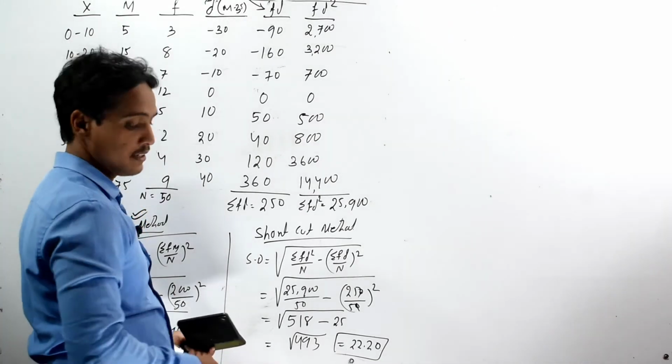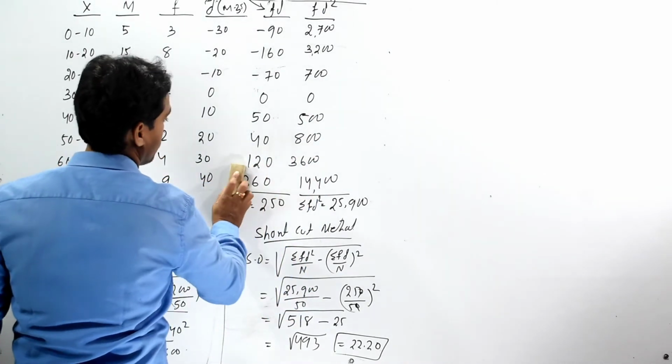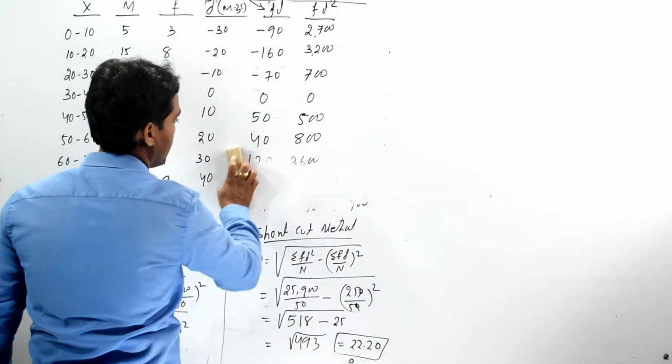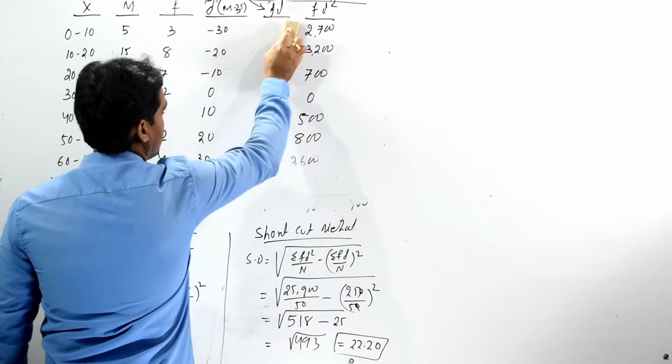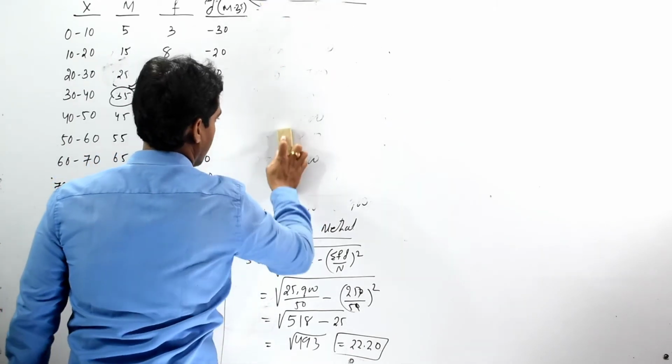by using our step deviation method. For the purpose of step deviation, there is no need of FD and FD square.